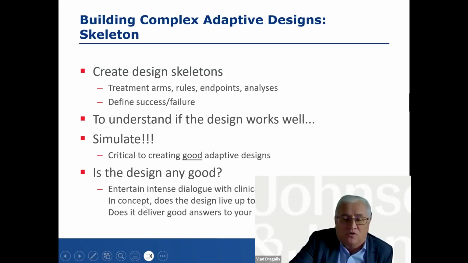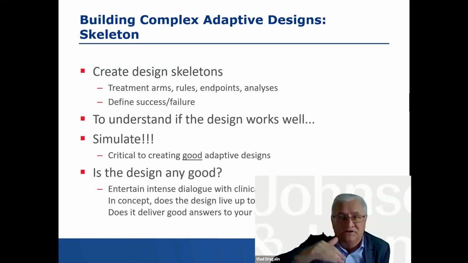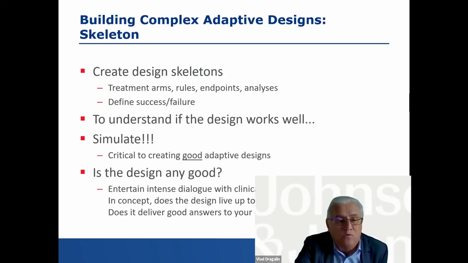And of course, you have to look at running even the trial under single simulation scenarios to share with the clinical team, so they can watch: if this is observed, this is what the design is telling me should be recommended. Do you agree or not?